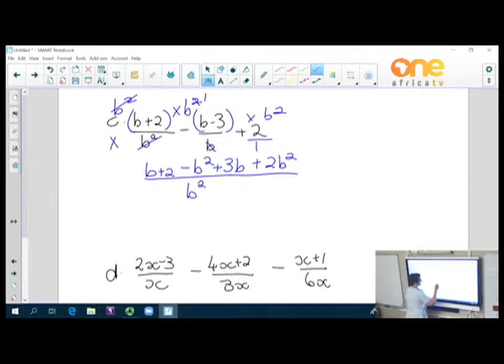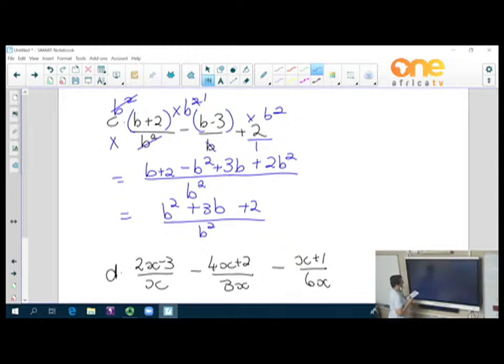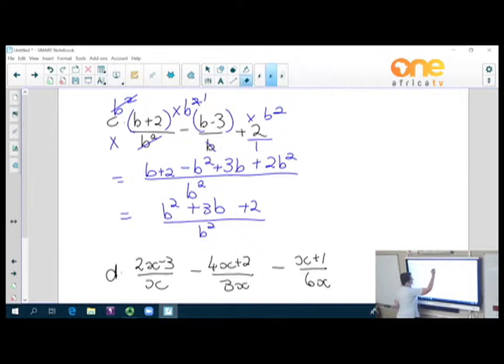Minus b plus b is going to be b squared, and then plus 3b and plus 2 over b squared. There's our answer for that one. We can try to see if they factorize further. Okay, no, here's a mistake because there's also a b, so this one will be 4b.